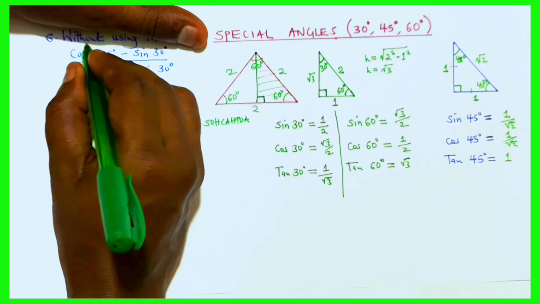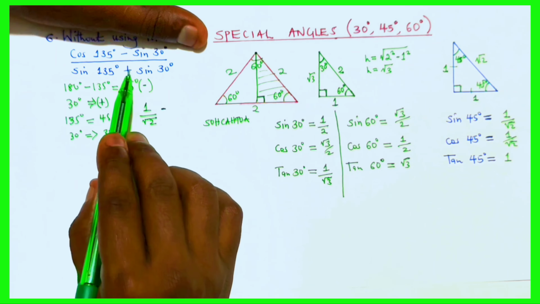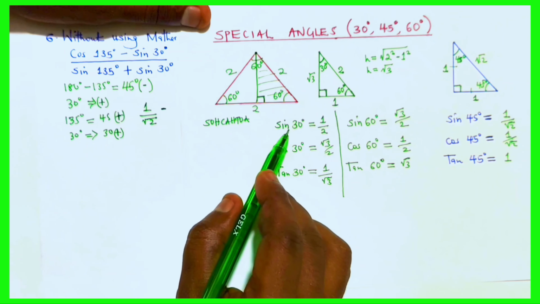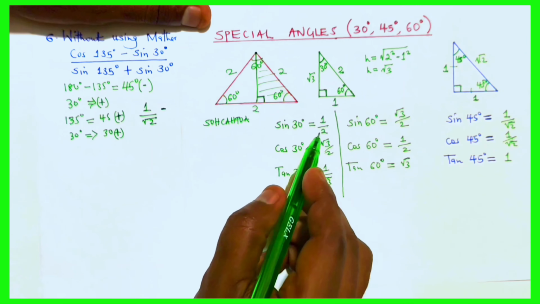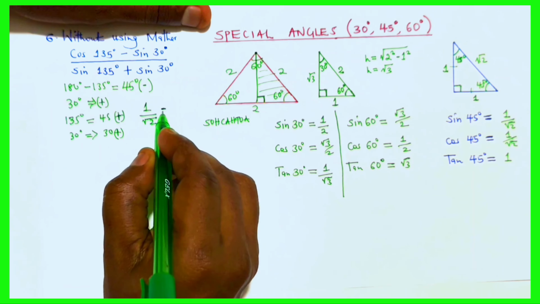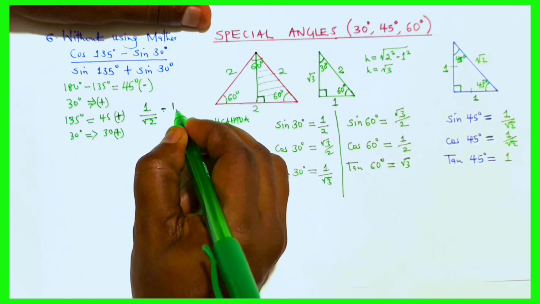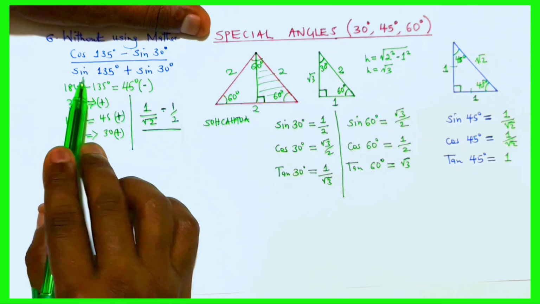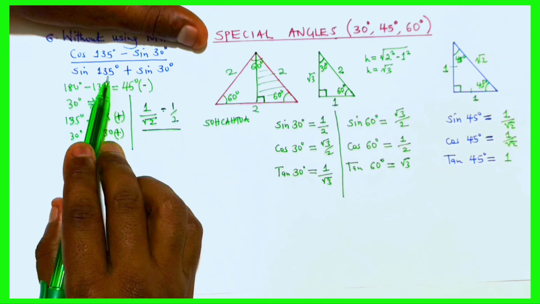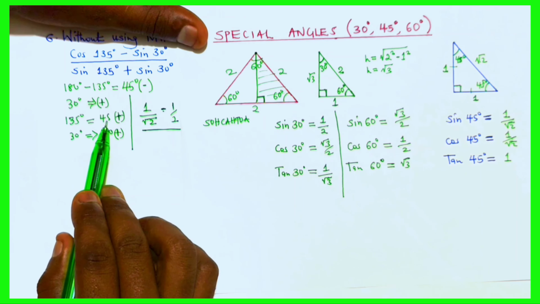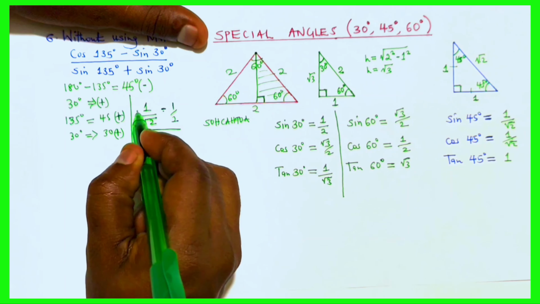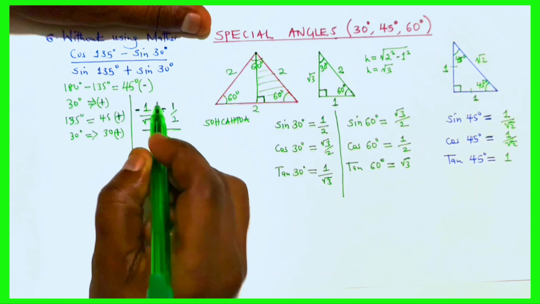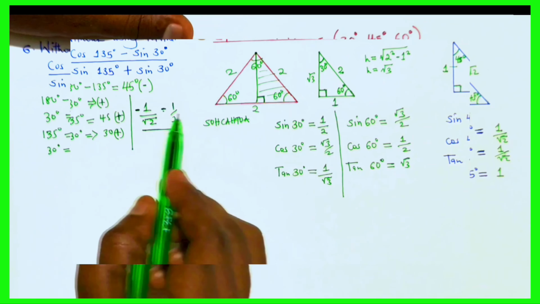So this is the solution to cos 135, and then the second part here is sine 30 degrees, and we know that sine 30 degrees is a half, so it's positive, but then there's a negative here, we've captured it here, we end up having minus a half, and then divided by sine 135 degrees, which is simply the angle 45 degrees, but then it will be positive. This one here was supposed to be negative, sorry, so this is supposed to be negative cos 45 degrees.